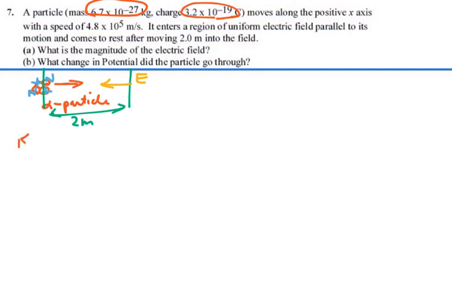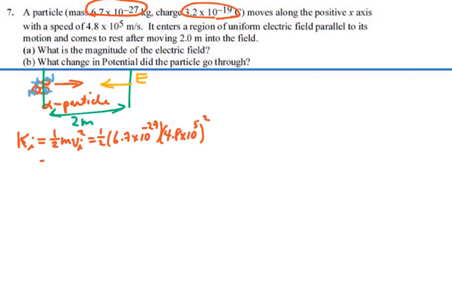So the initial kinetic energy of this particle is 1/2 mass times its initial velocity squared, and that's going to be 1/2 times 6.7 times 10 to the minus 27 times its initial velocity 4.8 times 10 to the 5 meters per second, all that squared.